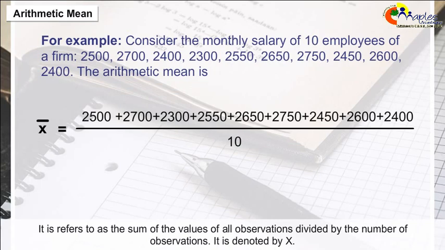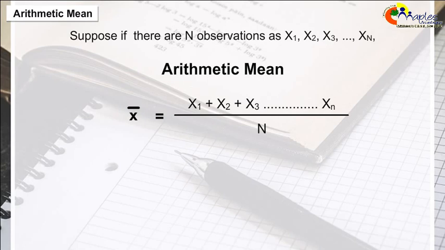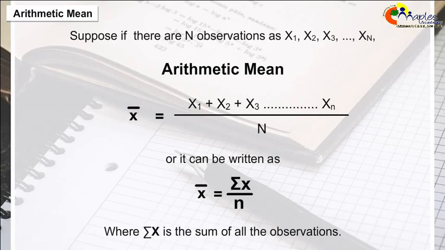It is denoted by x bar. Suppose there are n observations x1, x2, x3, and so on till xn, then the arithmetic mean is given by x bar = (x1 + x2 + x3 + ... + xn)/n, or it can be written as x bar = Σx/n, where Σx is the sum of all the observations.